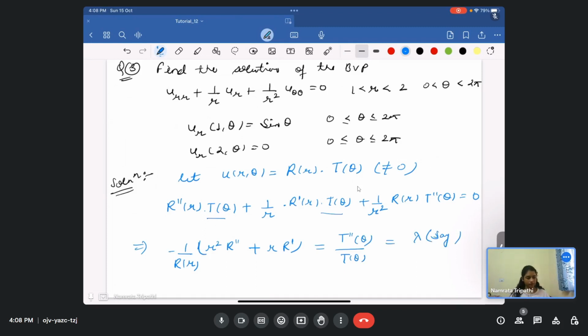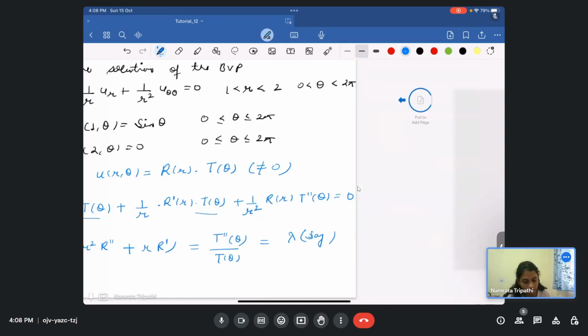Fine. Just take T of theta outside, and 1 by r multiplying with r square, and divide with R of r. So now we have to solve for R and T with the help of boundary conditions.